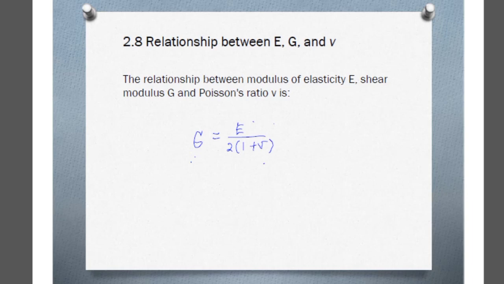And of course, kung given is the modulus of rigidity and the modulus of elasticity of the material, then you will be able to compute for the Poisson's ratio. And of course, kung ano naman yung modulus of elasticity, then given naman yung modulus of rigidity and the Poisson's ratio, then you will be able to compute for the modulus of elasticity.